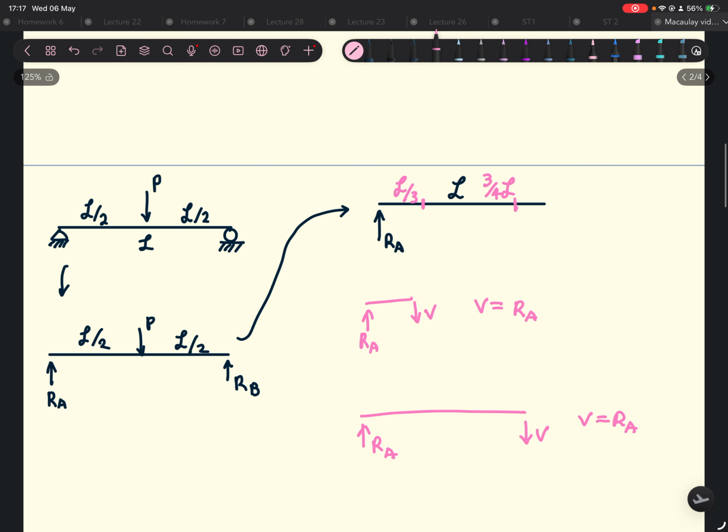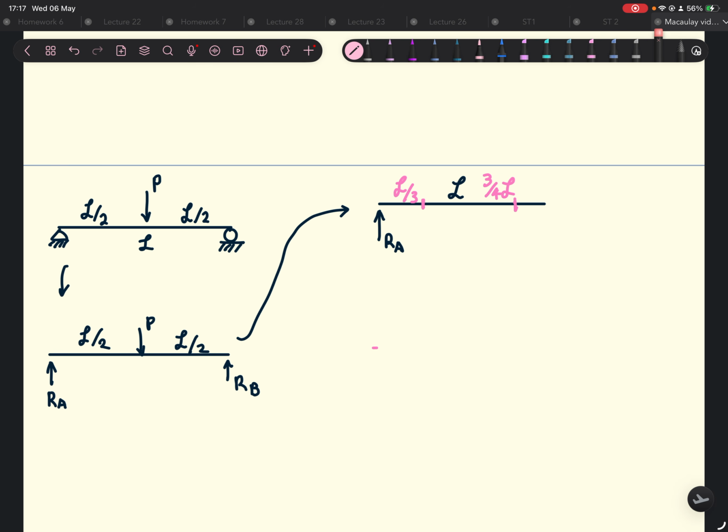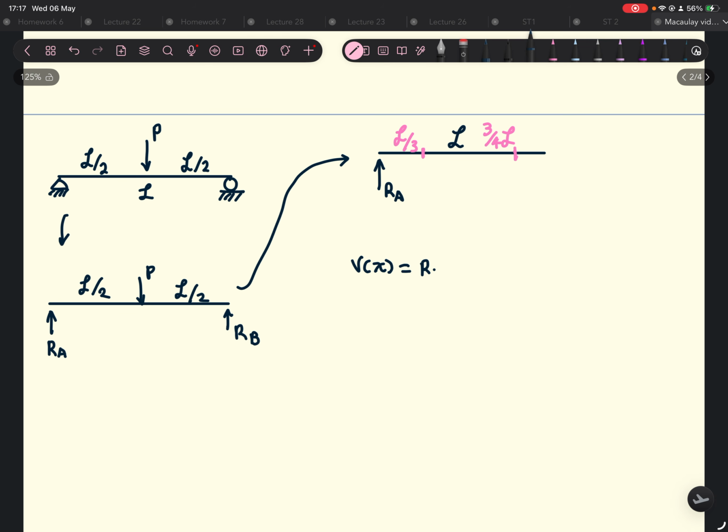So the first part of my shear force expression, V of X, is going to be RA, then in Macaulay brackets, X minus, and now I need to identify where this force starts. It starts at X equal to 0 over here. So it's going to be RA times X minus 0 to the power 0. Cool, that's the first part. Then I have another load, P, over here.